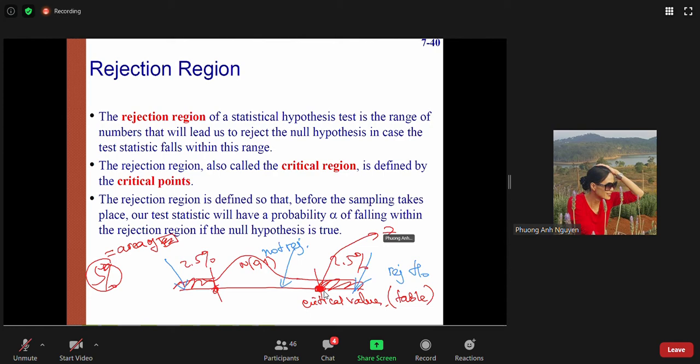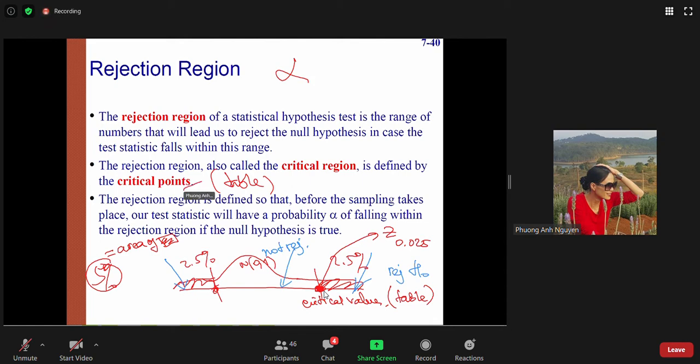So this is simply Z 0.025, 1.96. So again, critical values, critical points, are determined from the table after fixing the significance level alpha.